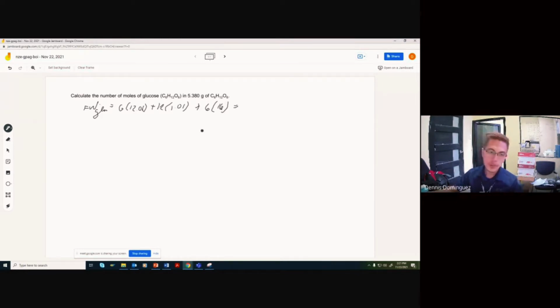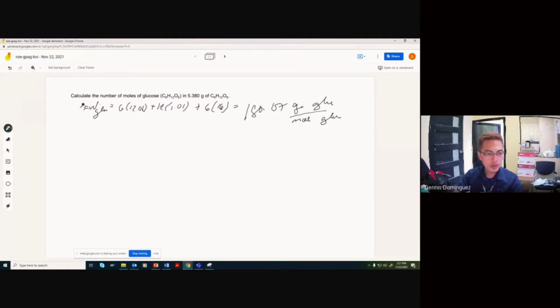That is around 180.07 grams of glucose per mole of glucose.